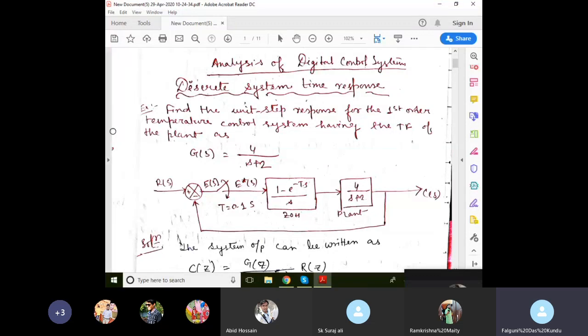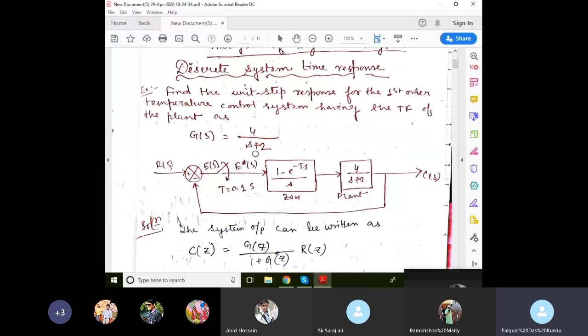So here the question is: find the unit step response for a first order temperature control system having the plant transfer function G(s) equal to 4 by s plus 2, and this is the block diagram of the control system. R(s) is the input, E(s) is the error.